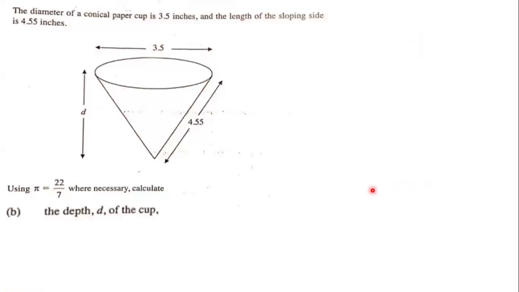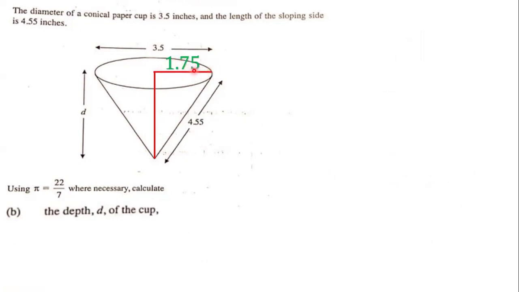Okay, so let's go ahead. The depth of the cup, D. So what do we know? We're referring to this particular length. How can we figure that out? Well, we know that the radius is 1.75, because it's half of the diameter.